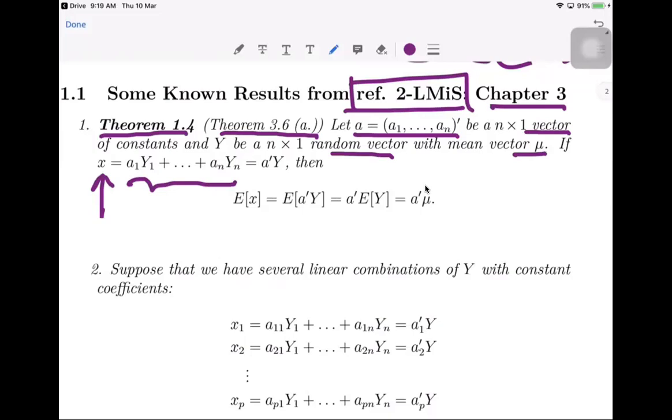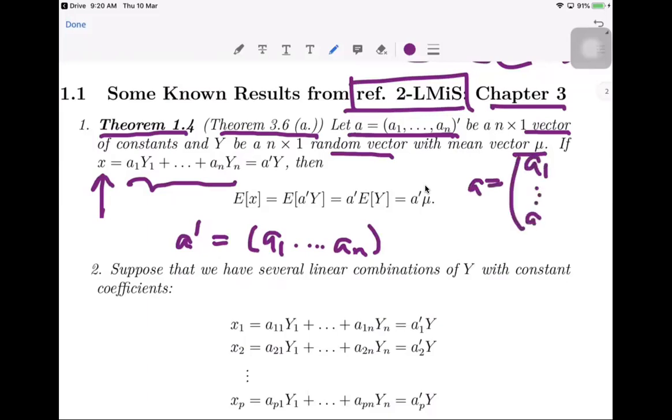So your a prime is actually lying horizontally, because your a is the prime of that. So a is standing vertically, no? It's a column vector.